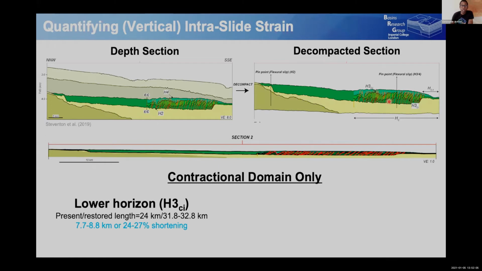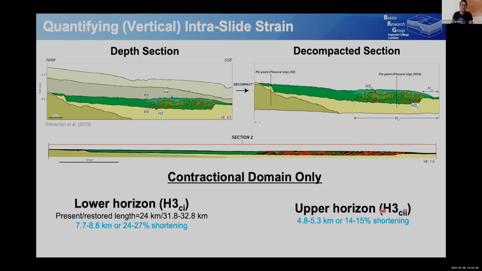When he looked at the amount of shortening in the lower horizon, so this is the one I'm showing you in here, this gave a percentage shortening using the same methods as in the previous slide of around about 25% shortening. So that's deep within the submarine landslide. A few hundred meters above in the submarine landslide at this C2 level, so that's this level here, there is considerably less shortening.